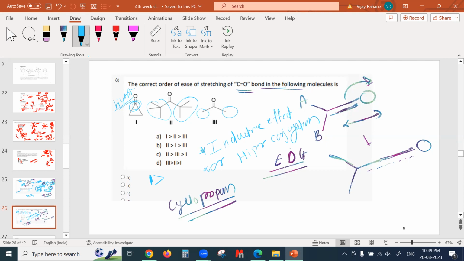So this is one challenging situation here. In these two, which effect is predominant that we have to consider? The tert-butyl group is the more electron rich, we can say, and the methyl group is also electron deficient, but it has the hydrogen, which shows the hyperconjugation effect.